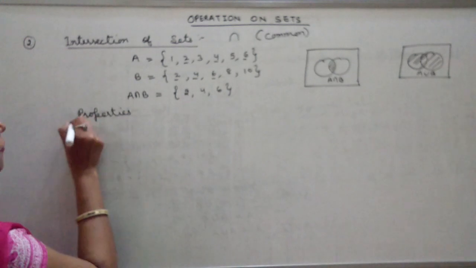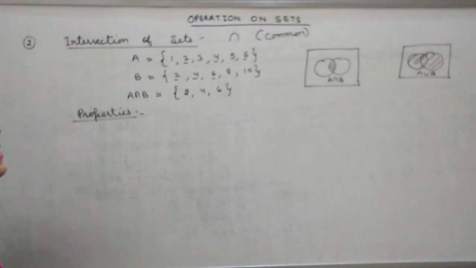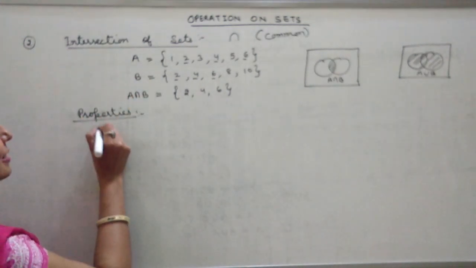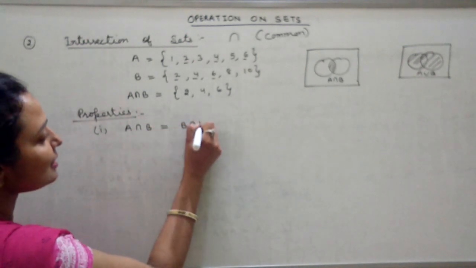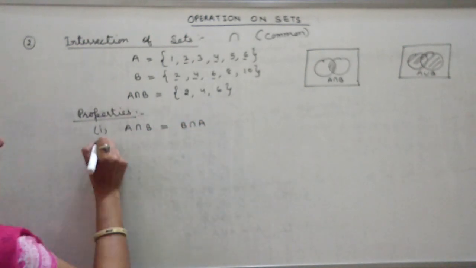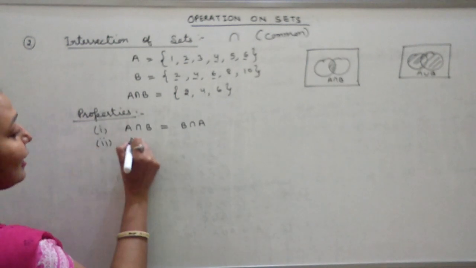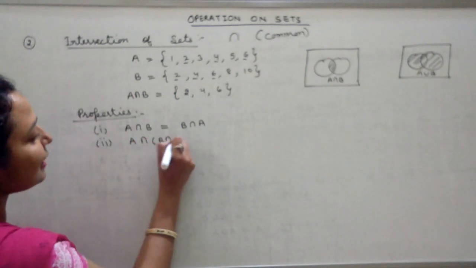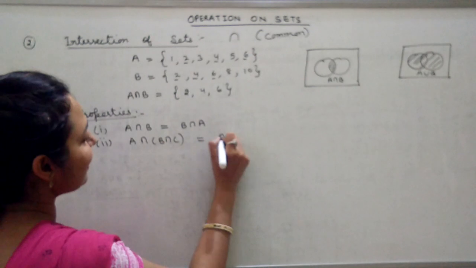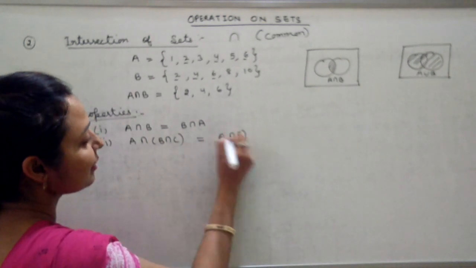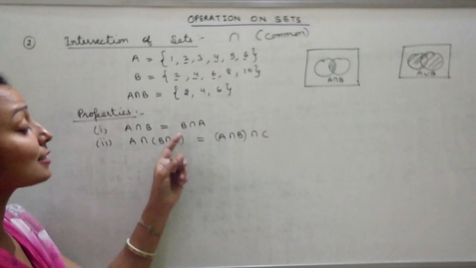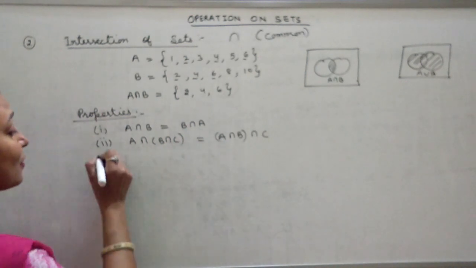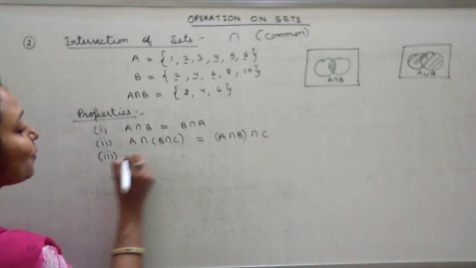Properties of intersection are: first, A intersection B is equal to B intersection A. Second, A intersection B intersection C is equal to A intersection B intersection C. This is commutative and associative. Now the distributive law also holds here.